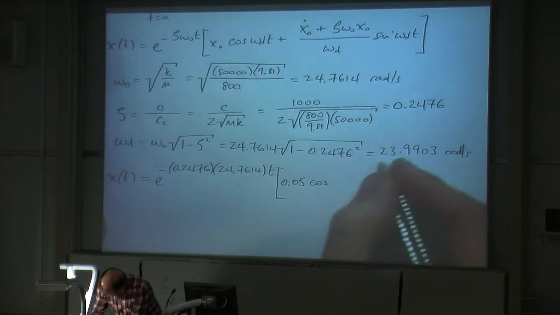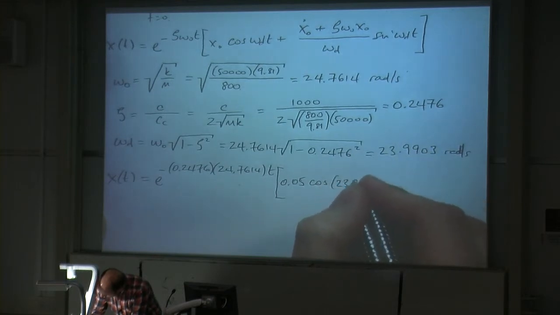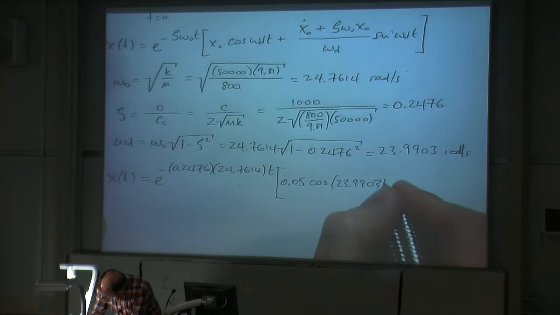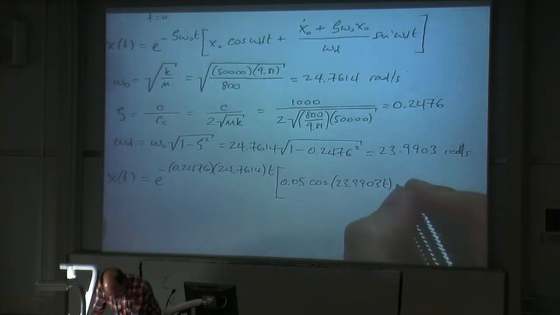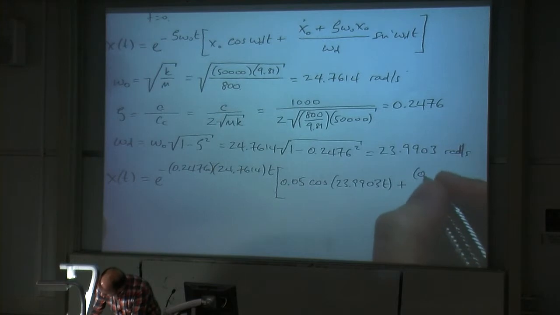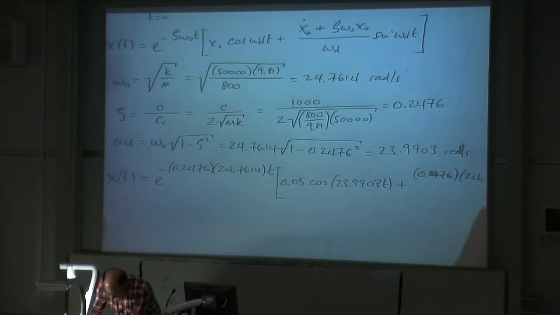cosine of omega d, so that's 23.9903 times by t, plus, and then we have a big fraction, 0.2476 times 24.7614 times by x naught, which is 0.05, divided by omega d, 23.9903, and that's multiplied by sine.